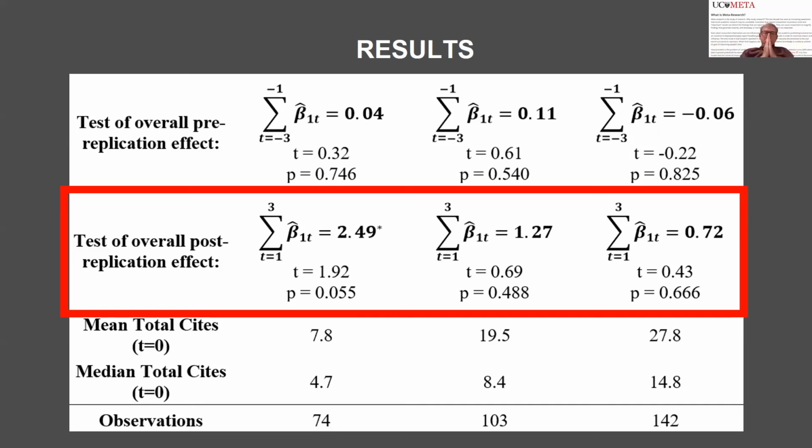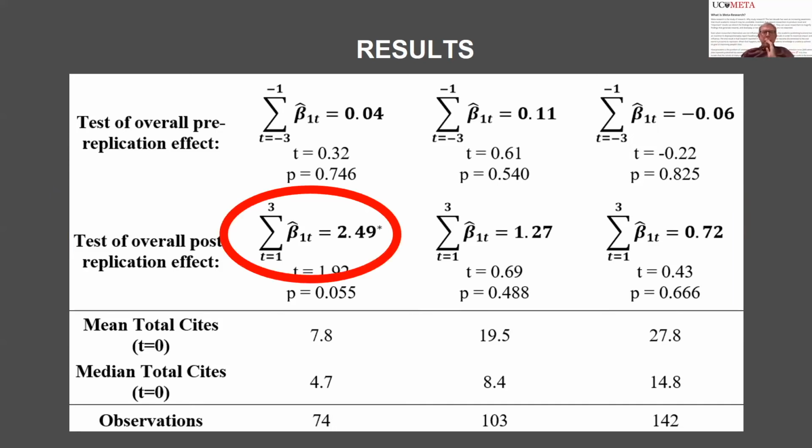All right, so the numbers here represent the sum of the treatment effects in the post-treatment period. In this case, that first column is the closest matching criterion, the matching criterion of 0%, where controls and originals don't differ by more than 1 citation in the pre-treatment period.